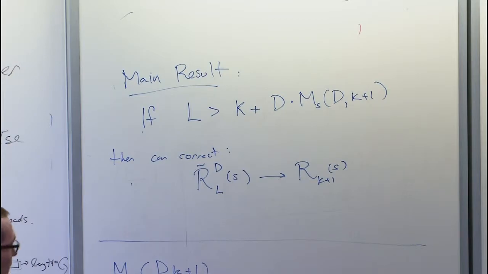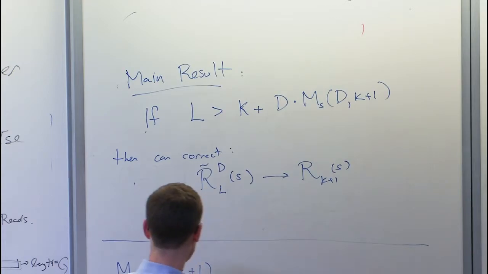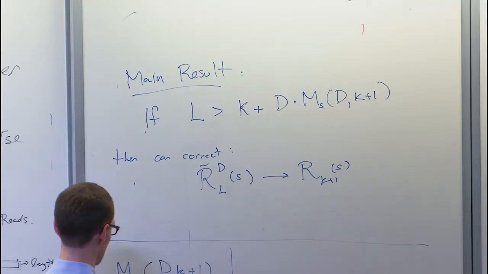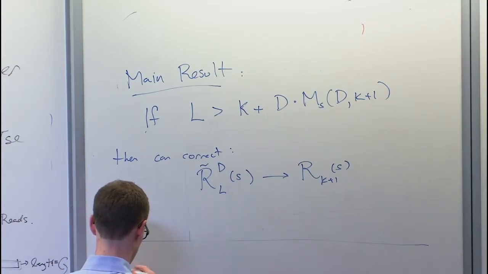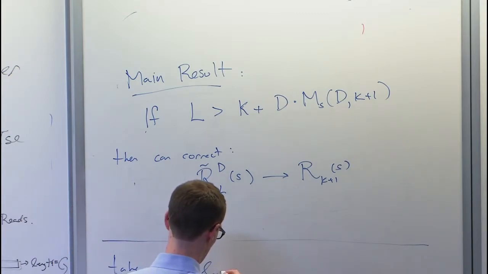So what does this result say? Basically, it says that if my read, okay, so as a simple example, maybe set this aside for a second. So take K equals L crit.